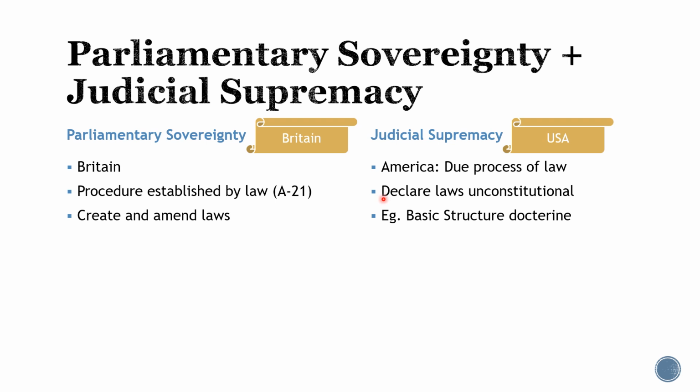So as you can see here, parliament can create and amend laws, and the judiciary can declare laws unconstitutional. They both work in sync, and they put checks on each other's rulings. So that is a system that we've adopted. The judicial supremacy is taken from the American Constitution, and the parliamentary sovereignty is taken from the British Constitution.